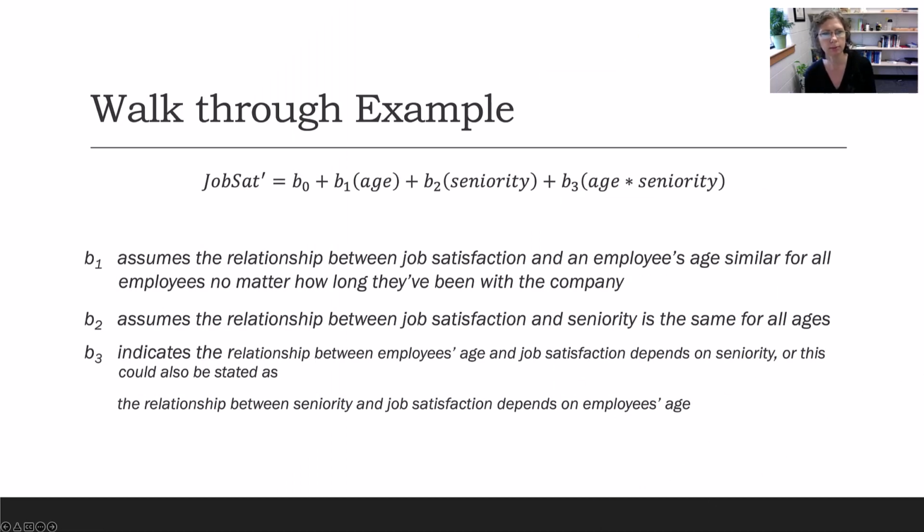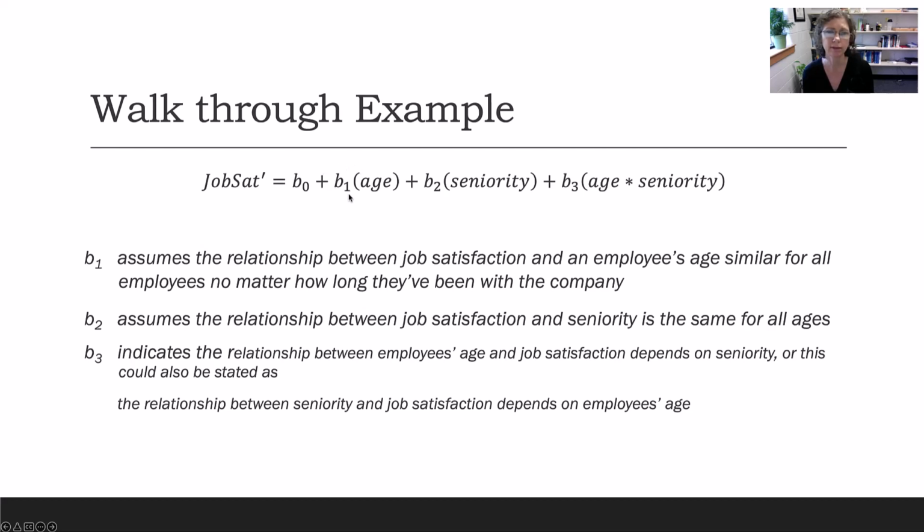So let's talk about our regression equation for a second. Let's take this one, age and seniority, predicting job satisfaction. That's what our lab is on. So B sub 1 is the regression coefficient telling us about the relationship between age and job sat: for every 1 unit increase in age, job sat would have this change.